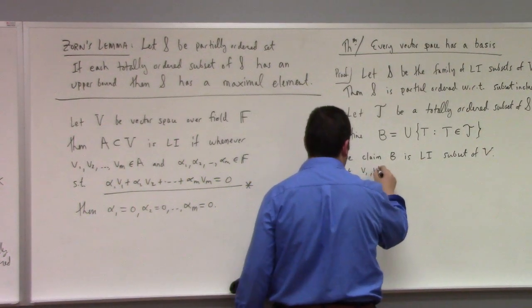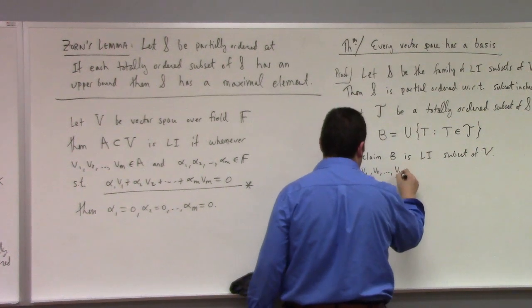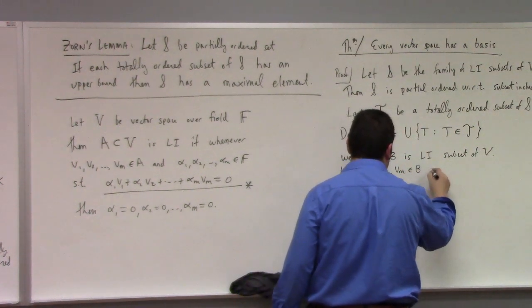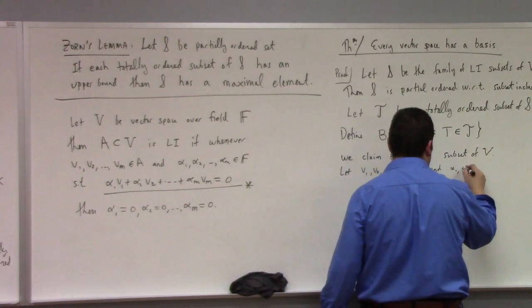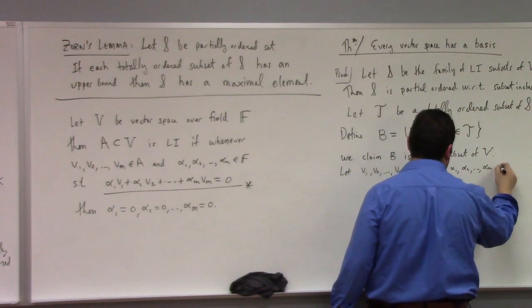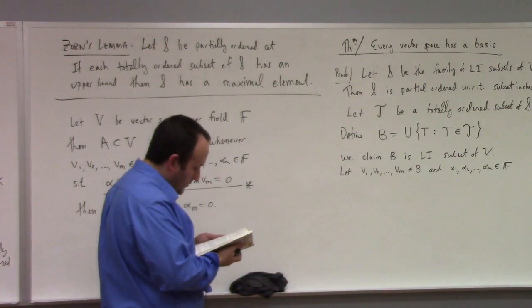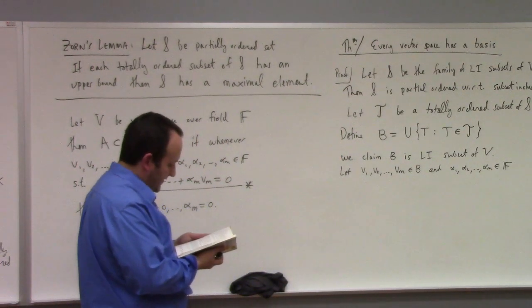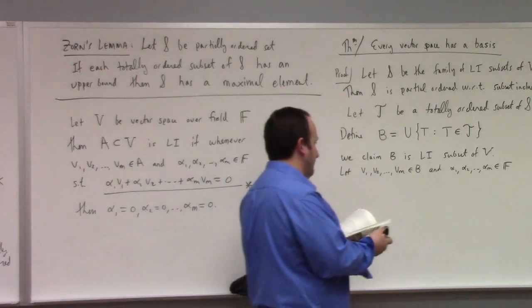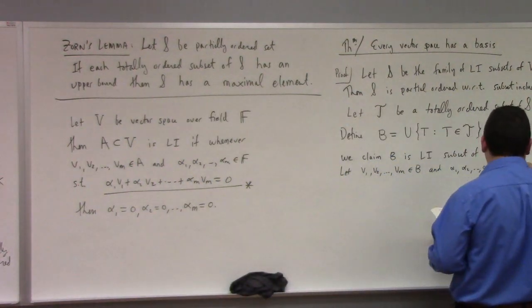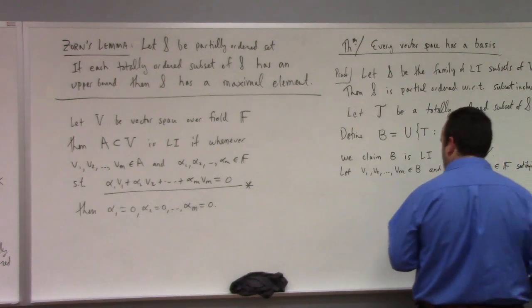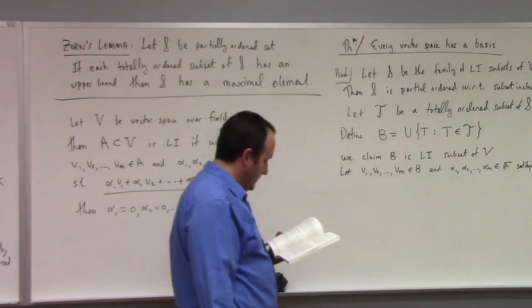Let v1, v2, through vm be in B, and alpha 1, alpha 2, through alpha m in the field. And let them satisfy star. In other words, the linear combination being 0.